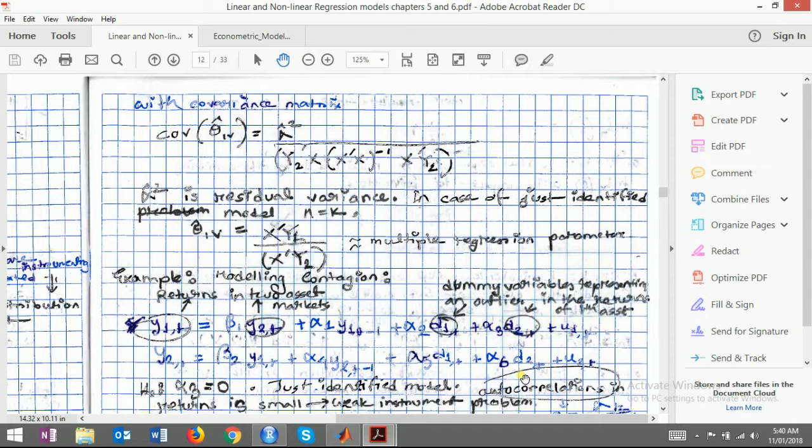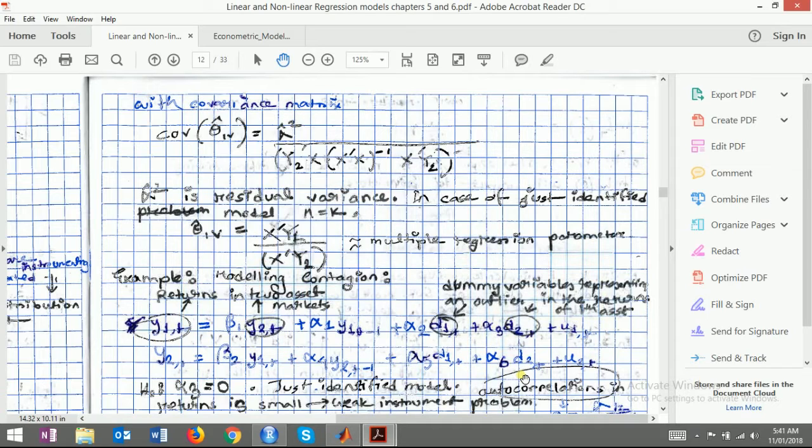So the instrumental variable estimator of a single equation is y2 transpose x, x transpose x inverse, x transpose y2 inverse, then y2 transpose x, x transpose x inverse, then x transpose y1.